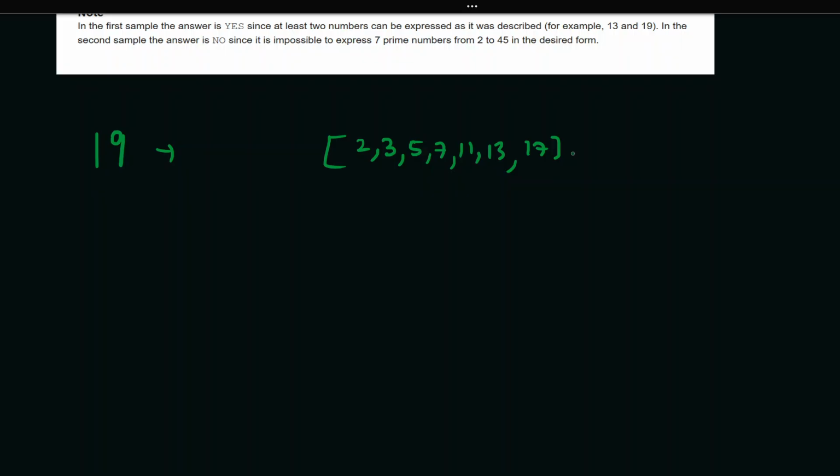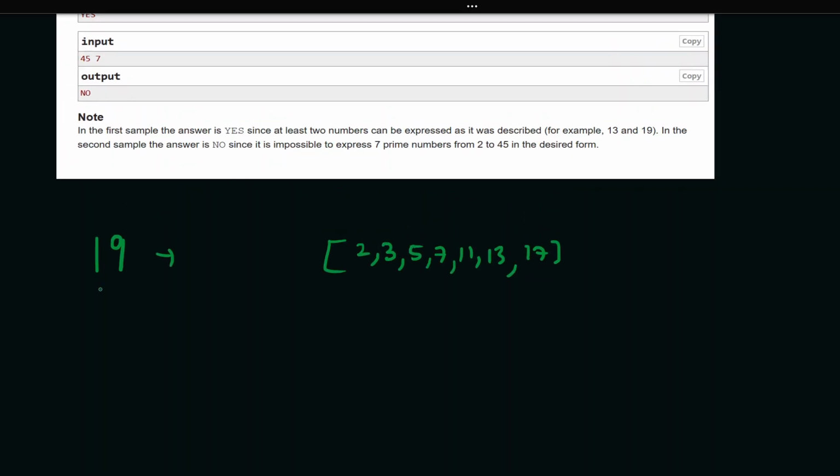These are the primes. Now, he wants to represent 19 as 1, which is constant, plus some prime plus the next prime.